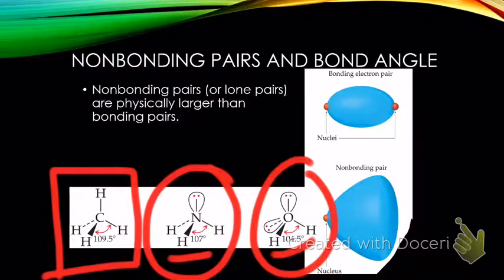And the angle between the lone pair electrons and the hydrogen is going to be greater than 109.5, especially between these two. The reason being is they just take up more space. They're fatter than if they were in a bond. Lone pair electrons are going to cause the bonding angle to be smaller than what you'd expect.